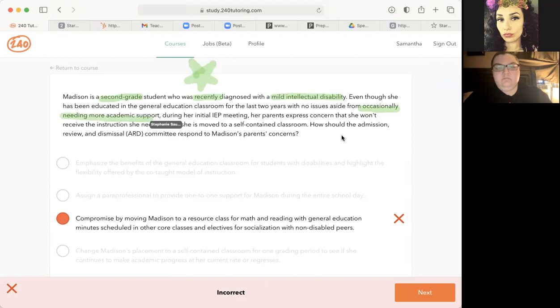During her initial IEP meeting, her parents expressed concern that she won't receive the instruction she needs unless she is moved to a self-contained classroom. How should the ARD committee respond to her parents' concerns?